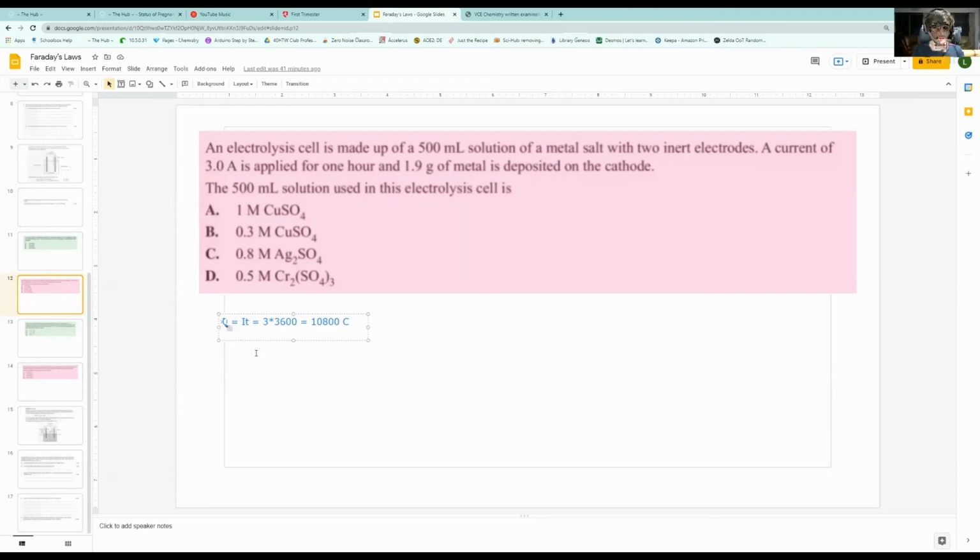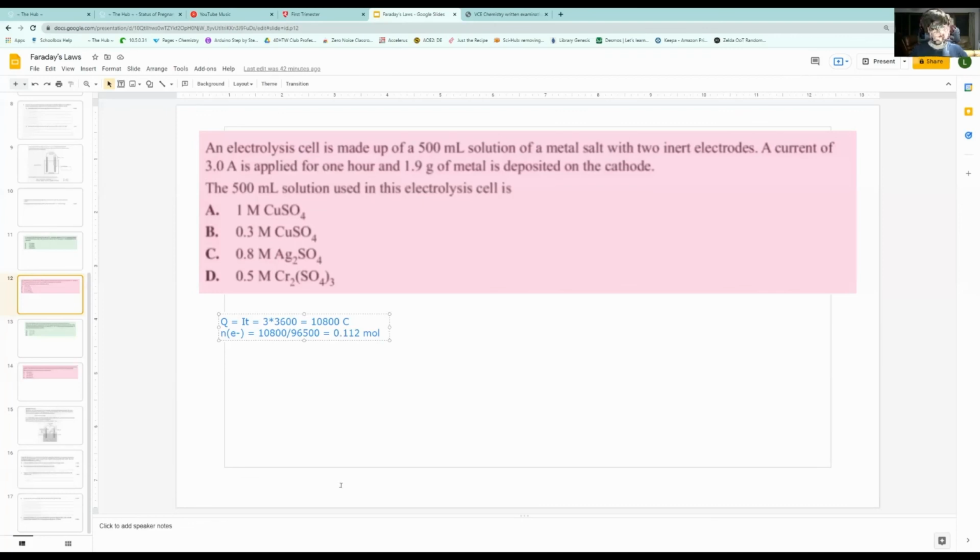And if we have that, we can find that the amount of electrons is going to be equal to 10,800 divided by 96,500, which is 0.112 mole. Okay, so there's that many electrons.